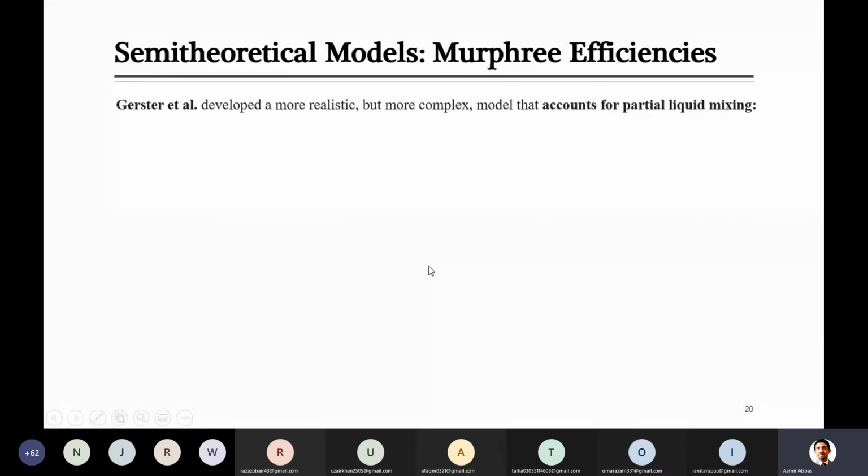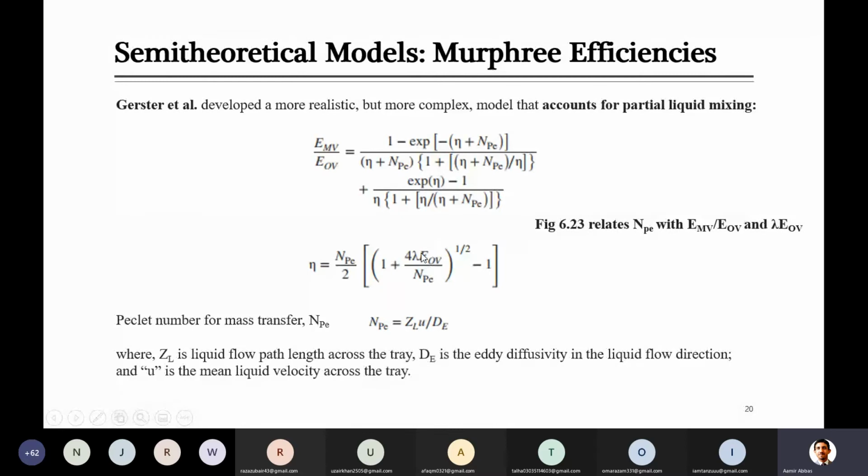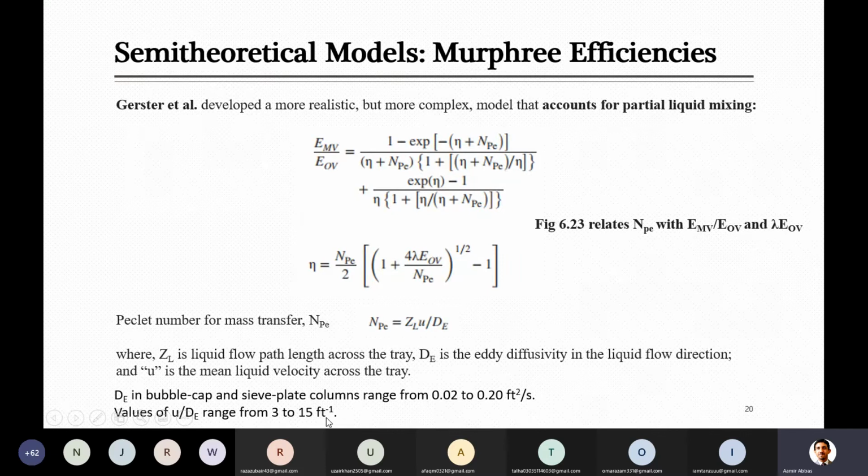For this equation to be valid, there are certain limitations. This equation was developed based on certain numbers: for diffusivity, the value varies from 0.02 to 0.2 feet squared per second, as well as the factor U over DE, which ranges from 3 to 15 per foot.